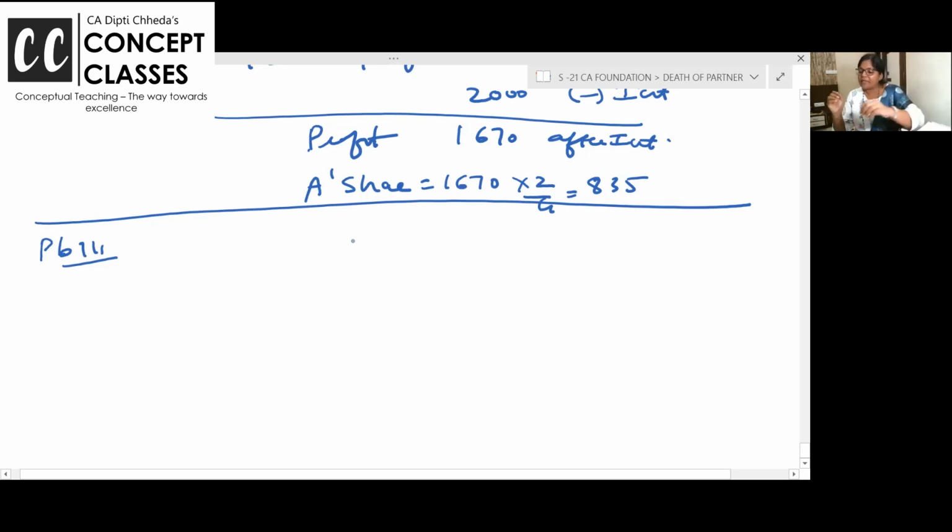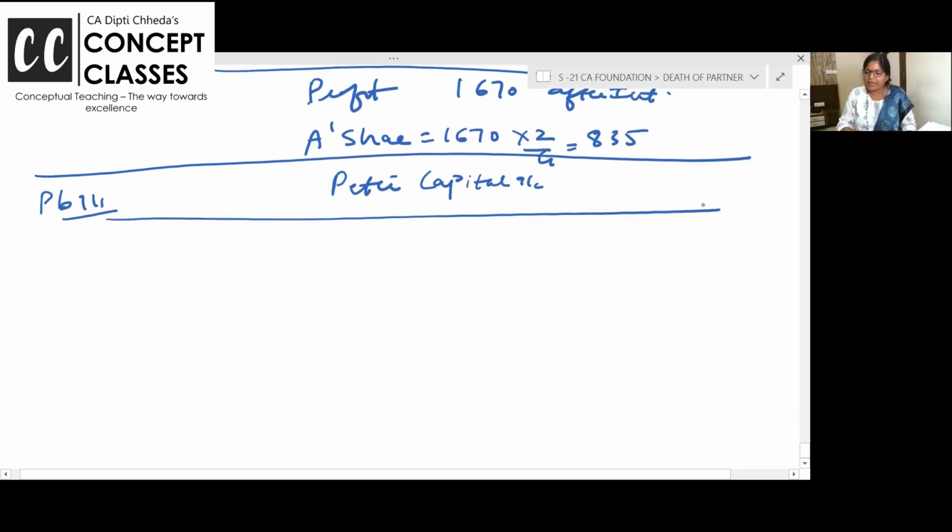For that, first we should adjust Peter's account and then give everything to his executor. Actually, you can combine the capital account and the current account.